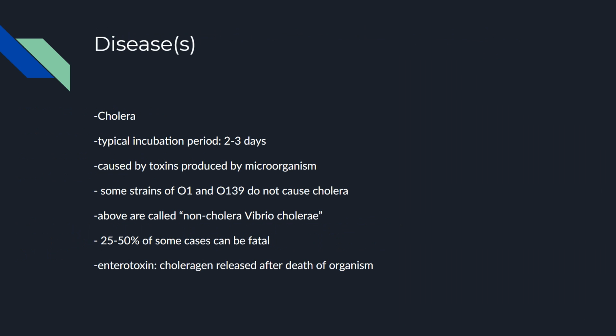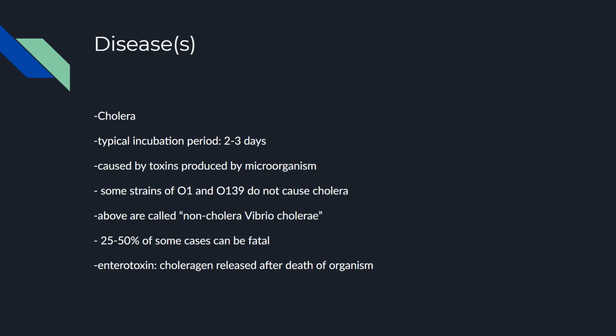So the disease itself is called cholera. The pathogen is called Vibrio cholerae. The incubation period is typically around 2 to 3 days, but it can also be as short as half a day. It's pretty fast in some cases. It's caused by toxins produced by a microorganism, like I said in the last slide.